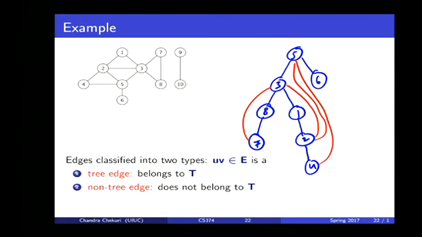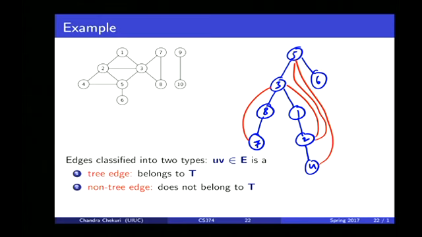What property do you notice about these red edges? Is there any nice property you recognize about these red edges? Yeah, the important property is that a red edge is there only between a node and one of its descendants.